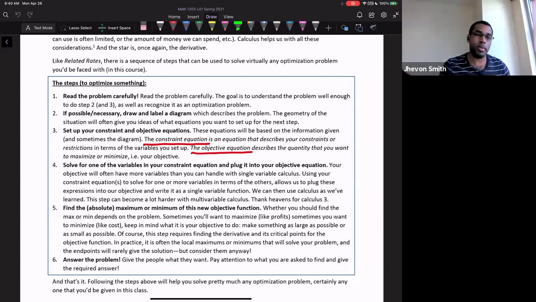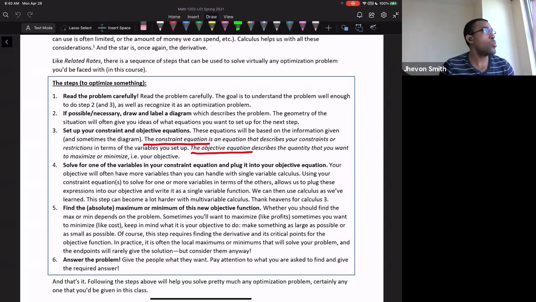The constraint equation, remember, is the equation that describes the thing that is restricting you, the thing that is a constraint is what we call it. So you have an equation that describes your constraint. And remember, the constraint is also usually going to be the thing that's given to you. So it's going to be the thing that they're going to tell you exactly how much of that thing you have, right?